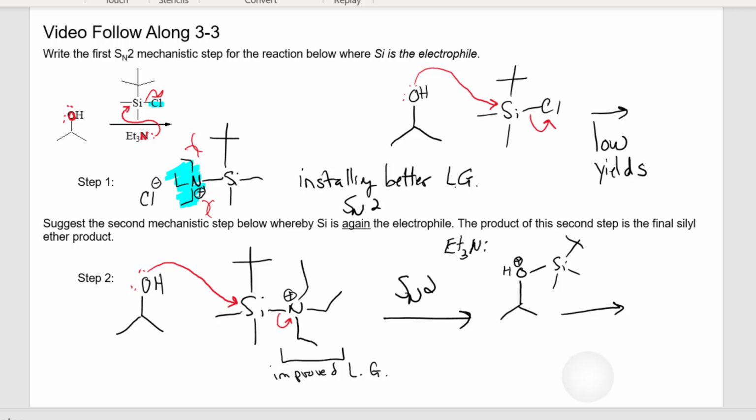It helps neutralize things because, again, you've got chlorine minus floating around. You don't want to create a very acidic system. So this helps to buffer the medium. And now you have your silyl ether product, your protected alcohol.